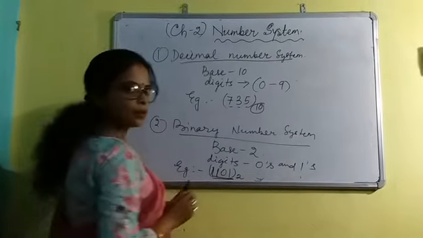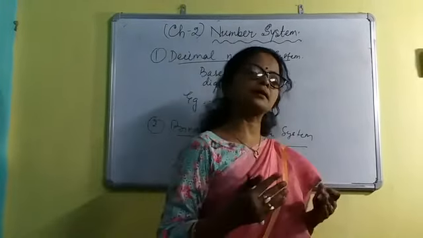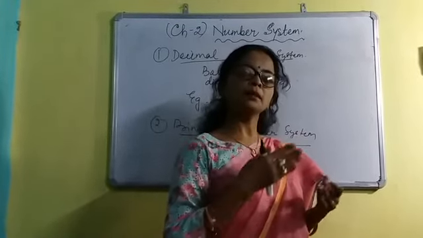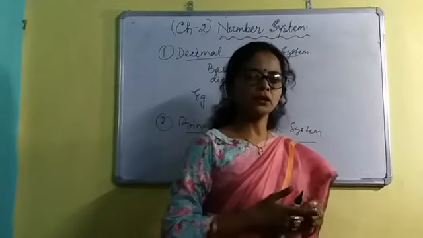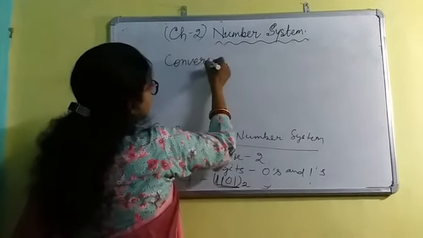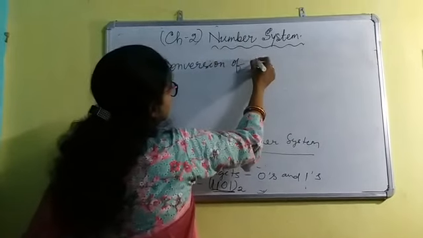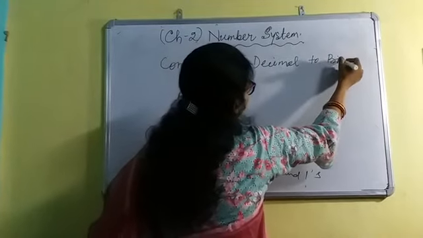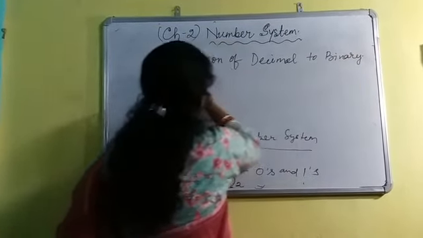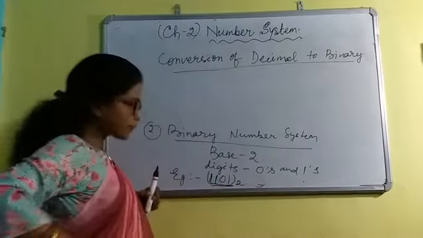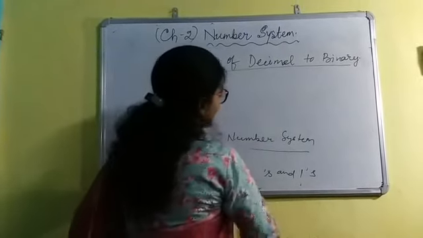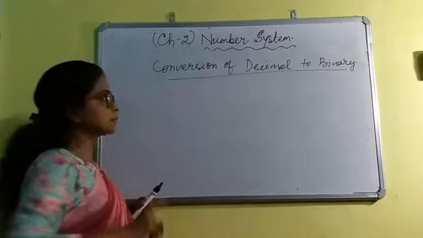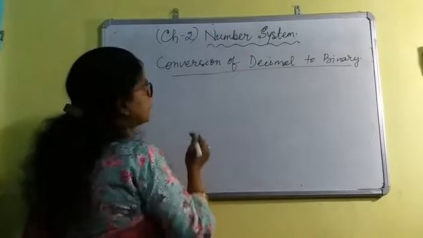Now we will discuss how to convert a decimal number to a binary number, as well as how to convert a binary number to a decimal number. First, conversion of decimal to binary. We take a decimal number and convert it to binary form.